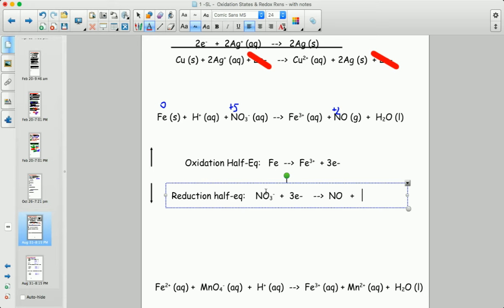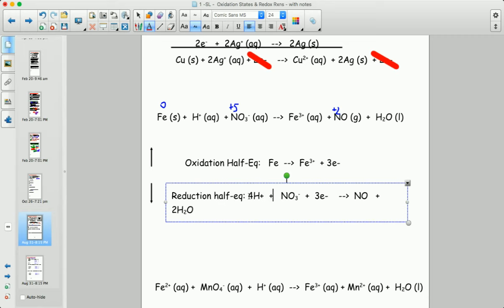There are 3 oxygens on the left, and 1 on the right so far, which means I need 2 more waters. That gives me 2 more oxygen atoms, and now I have 3 oxygens on both sides. The problem is I just created 4 H's, and to keep that balanced, I need to put 4 H pluses on the left.